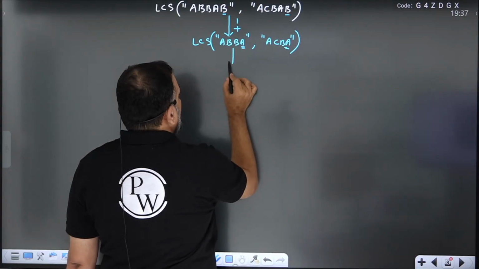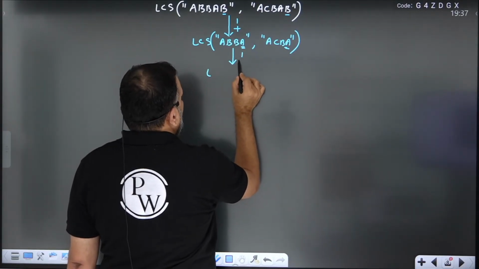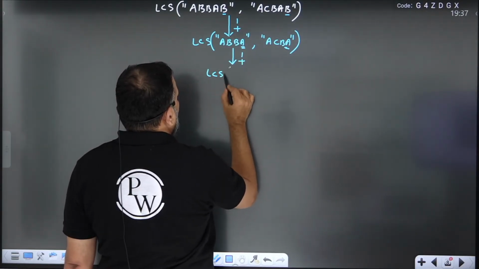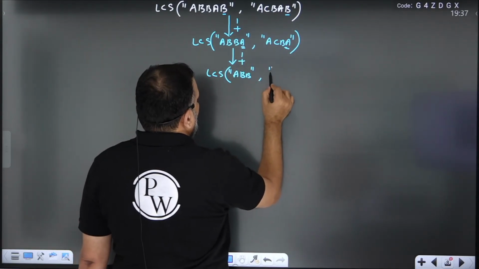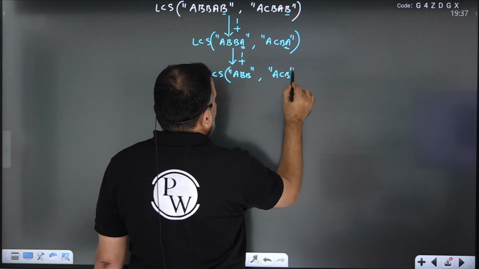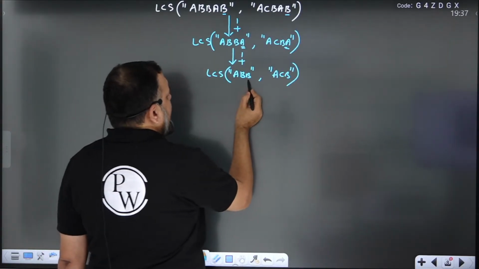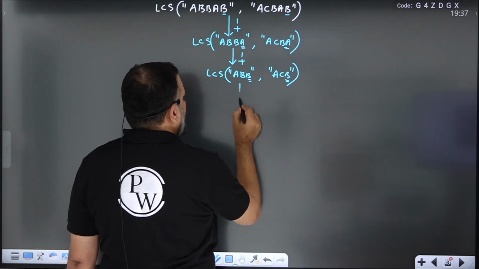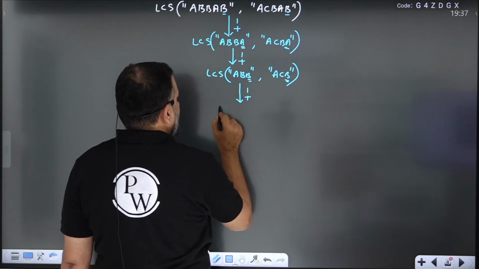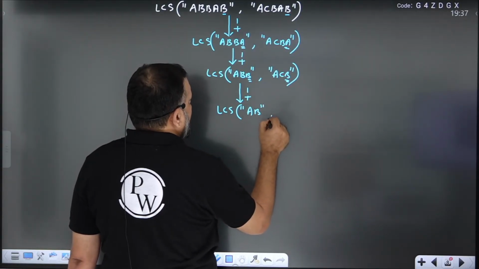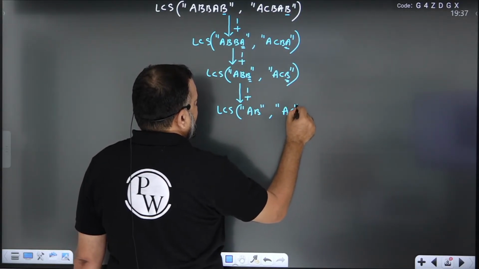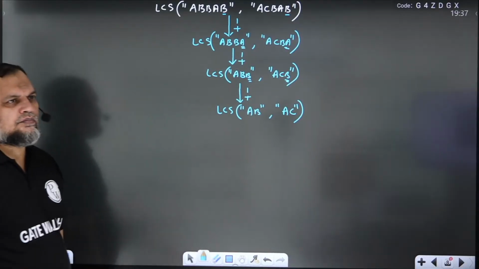So when case 1 applies, I will write it like again 1 plus whatever is the length of common subsequence of ABBA and ACB. ठीक है. Here again case 1 applies. B and B are matching. So therefore 1 plus whatever is the common subsequence of AB, AC. ठीक है, यहां तक क्लियर है.